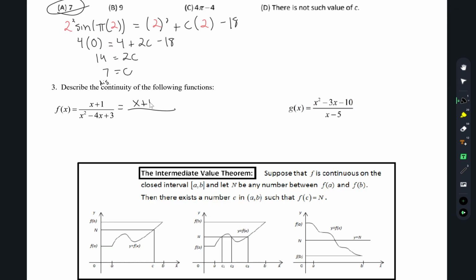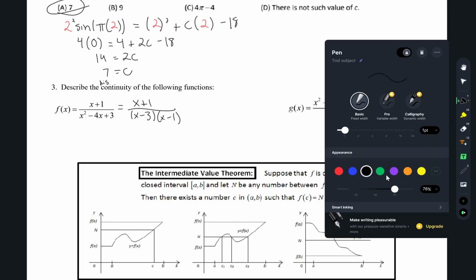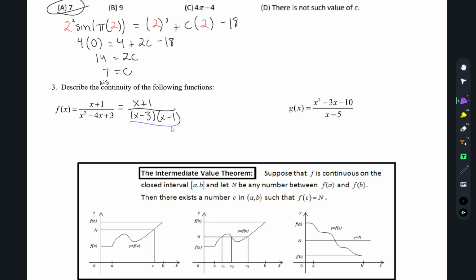So what is this? x minus 3, x minus 1. Nothing divided out, so there's no removables, but remember with our limit stuff, there are going to be asymptotes. We have an asymptote at x equals 3 and x equals 1. So that would be called infinite discontinuity.